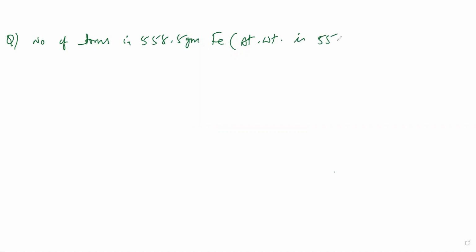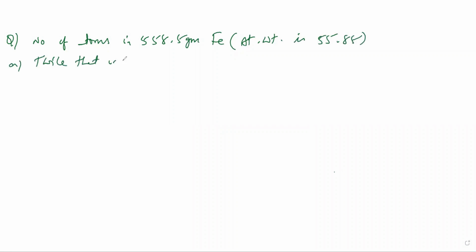Sorry, lost connection. What is the question? You need to find out the number of atoms in 558.5 grams of iron. In this, atomic weight is given: 55.85. What are the options?